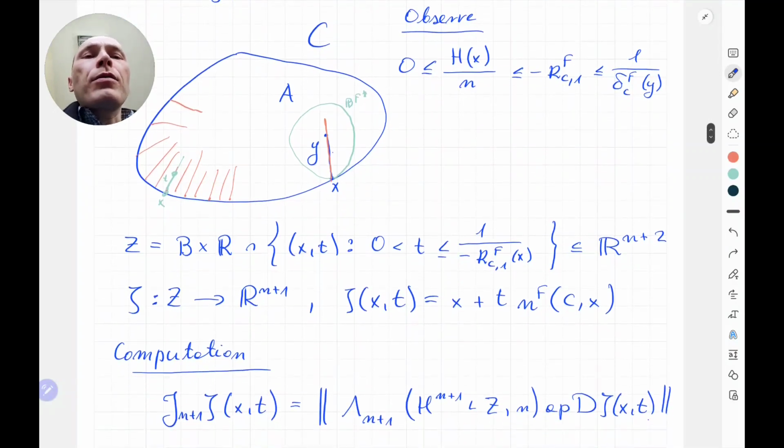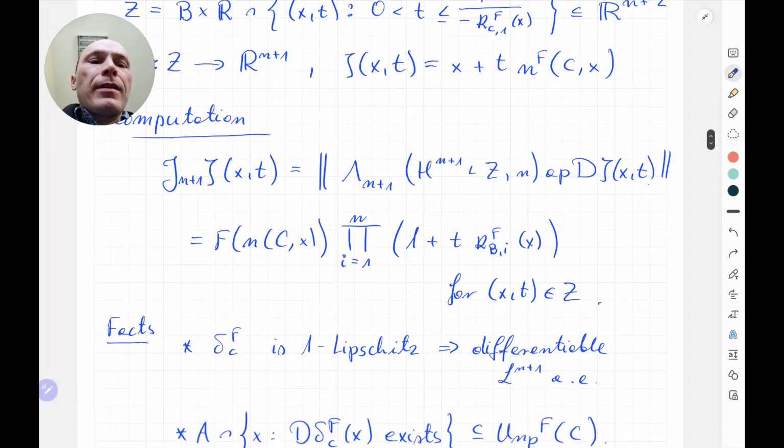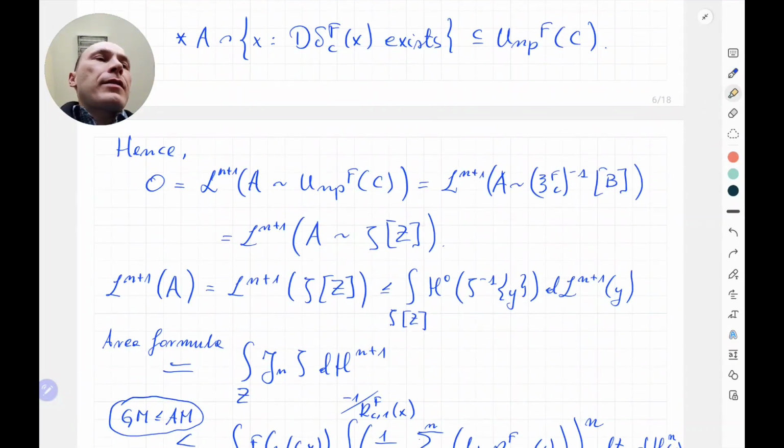Now this is the main point: the sum of these line segments is almost everything in A. Then we can proceed with the Montiel-Ros argument once we know that the measure of A can be expressed as the image of this map zeta. This in general, if the boundary of A is not smooth, might not be the case, and actually we have to work to prove that this equality holds. And for that, we need some more tools.